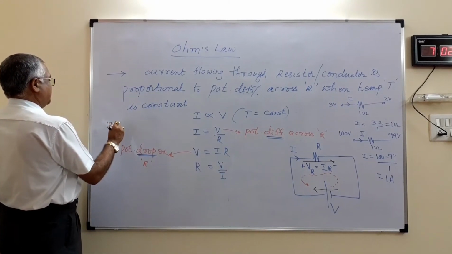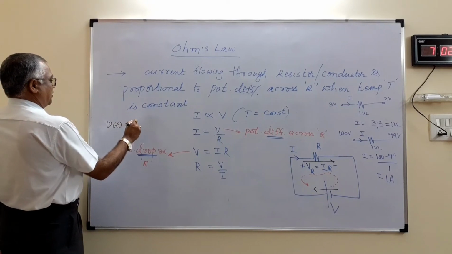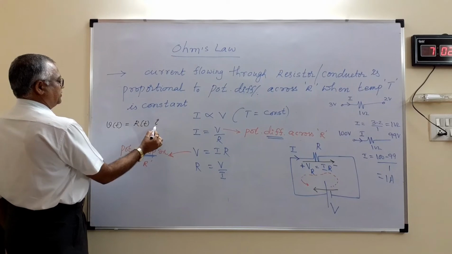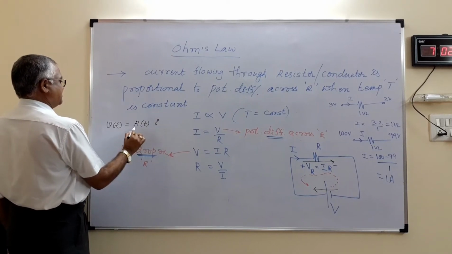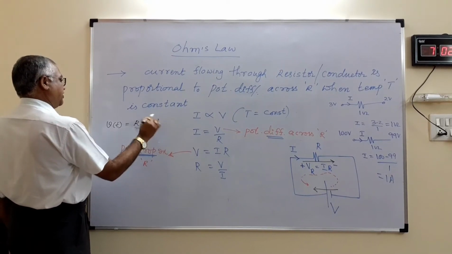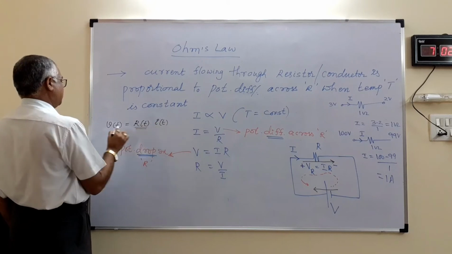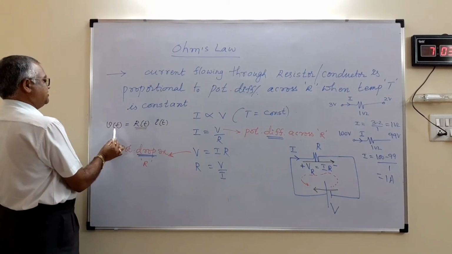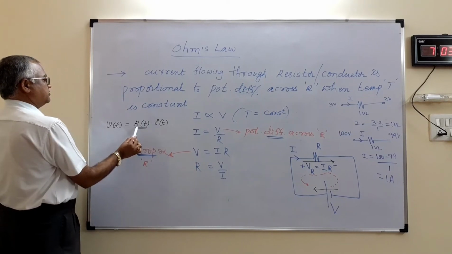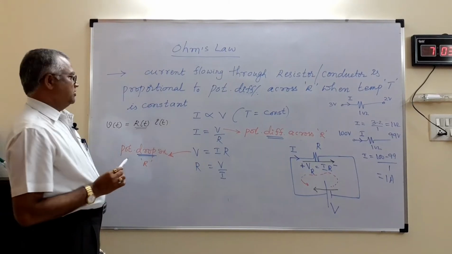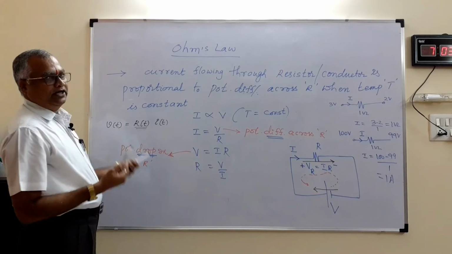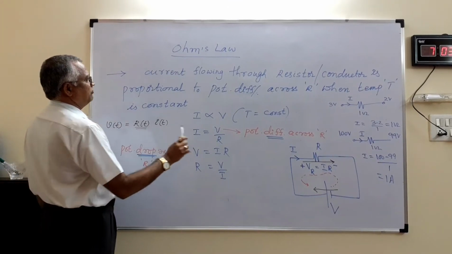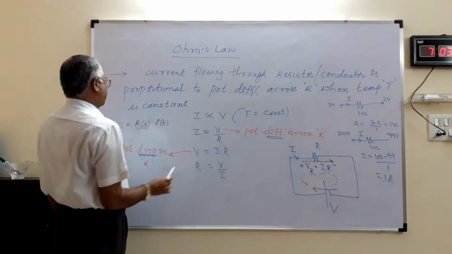V of t is equal to R of t into I. So if this resistance is changing with time, and current is also changing with time, voltage also changes with time. But whether this change is because of this or because of this is a confusion. Not only confusion, it is complicated. So Ohm's law is a simplified version valid when temperature is constant.